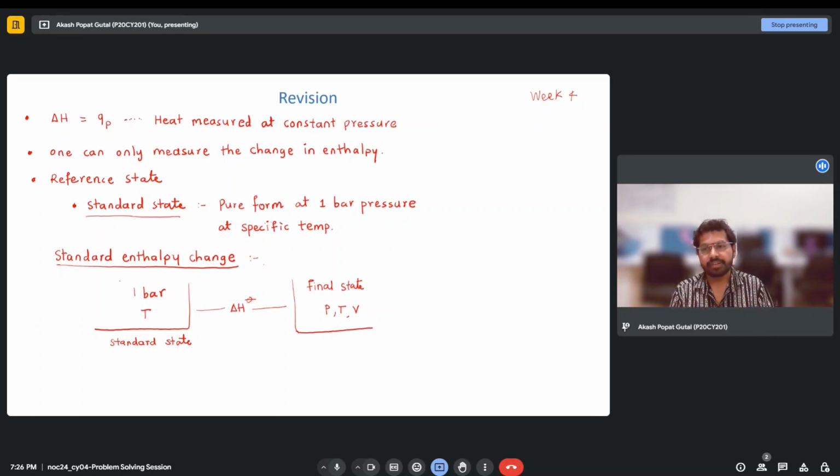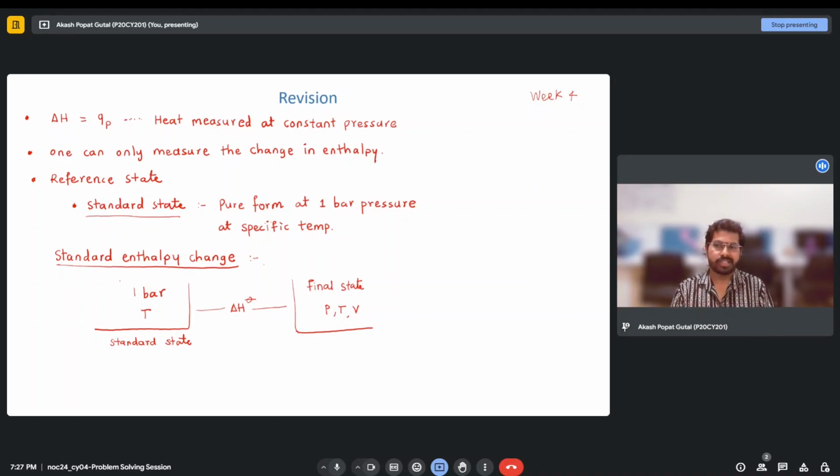We define the reference state, the standard state, pure form at 1 bar pressure at a specific temperature, for a given element or compound or material.